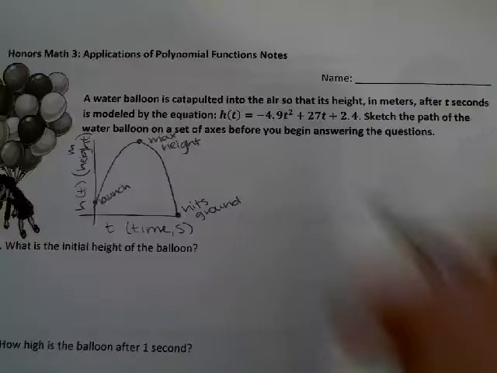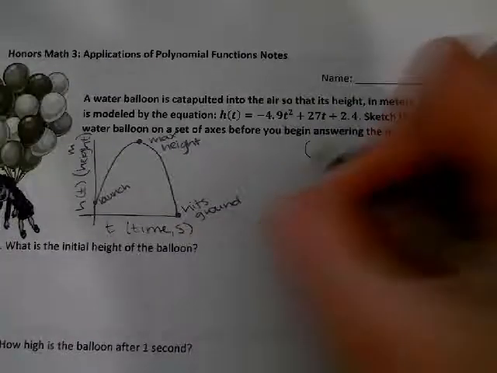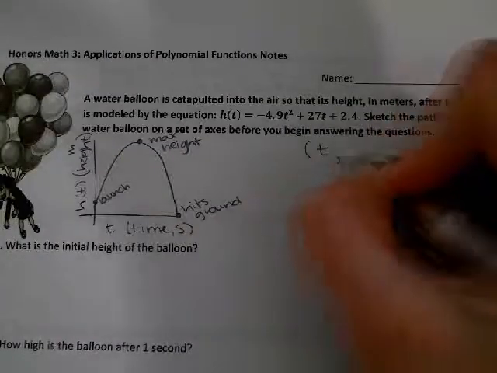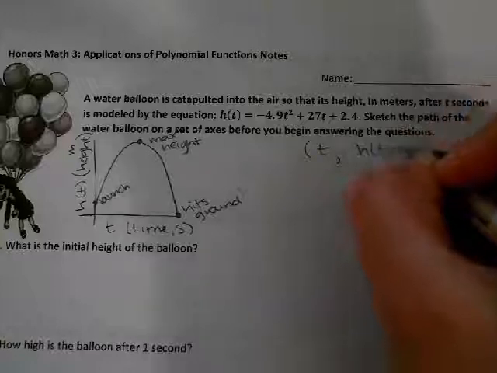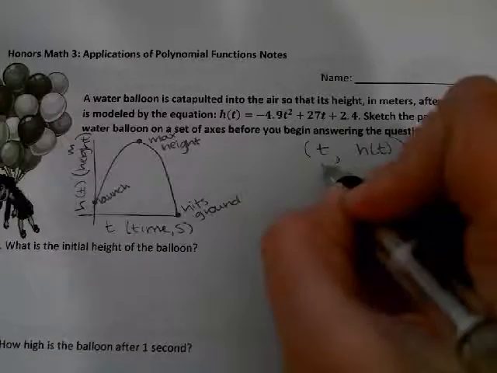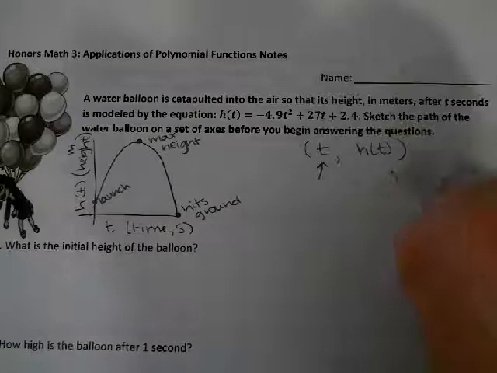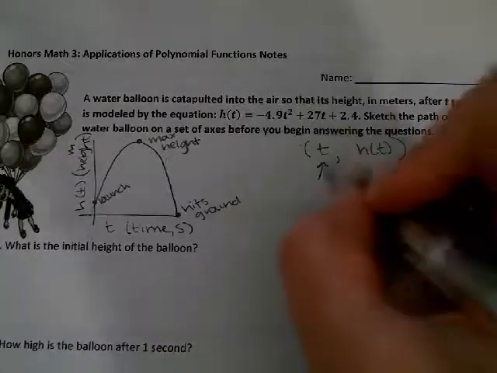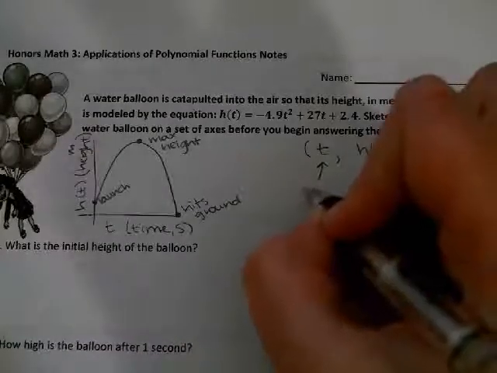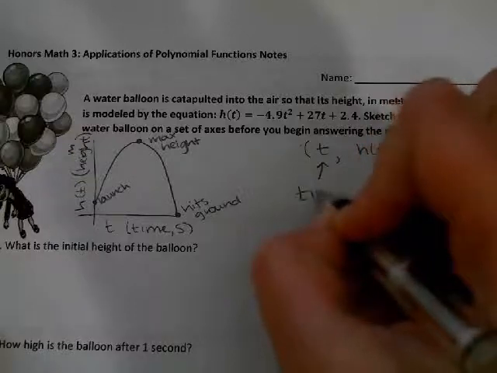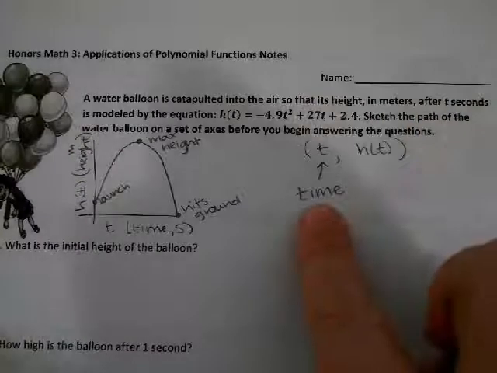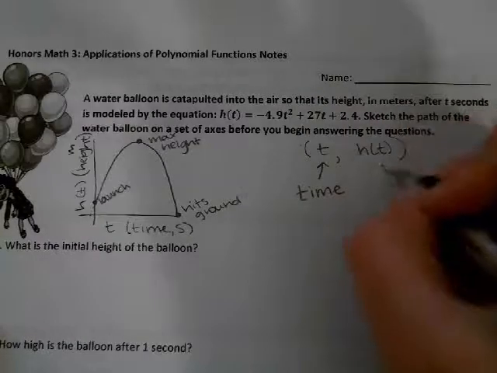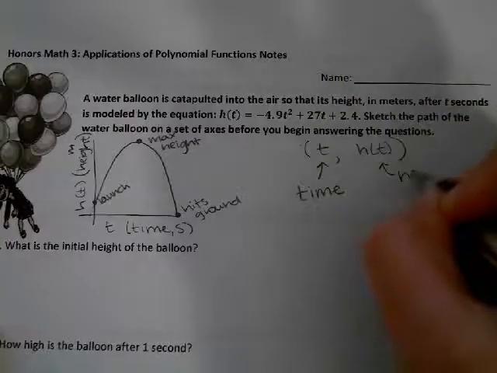So off to the side, let's write t comma h of t. And just know that for all the values that we find on our calculator, because we're going to use our calculator for all these problems, the x-coordinate in our calculator is going to be time, and the y-coordinate in our calculator is going to be the height.